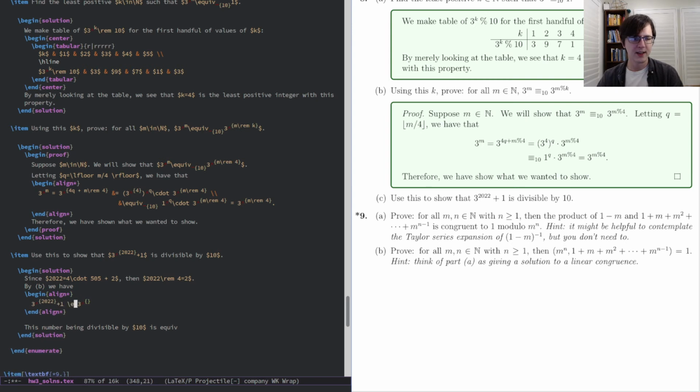So then we have that this is 2022 remainder 4 plus 1, which is 3 to the 2 plus 1, which is 9 plus 1 is 10, which is 0.